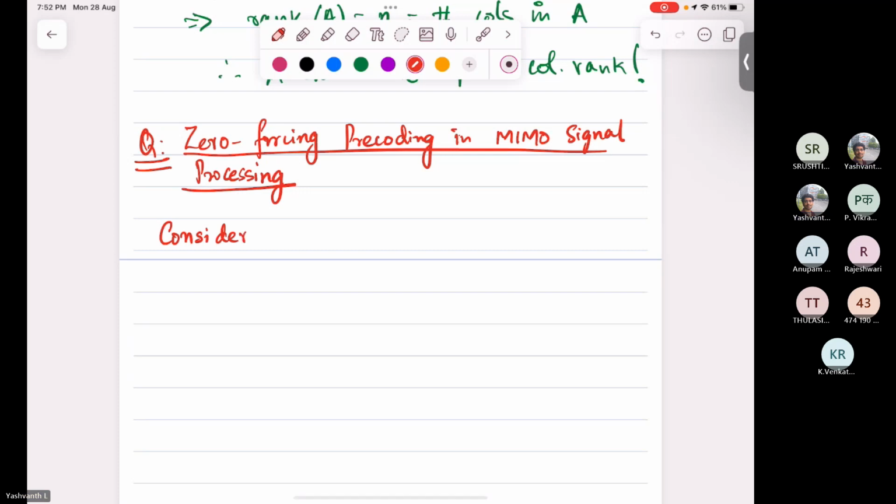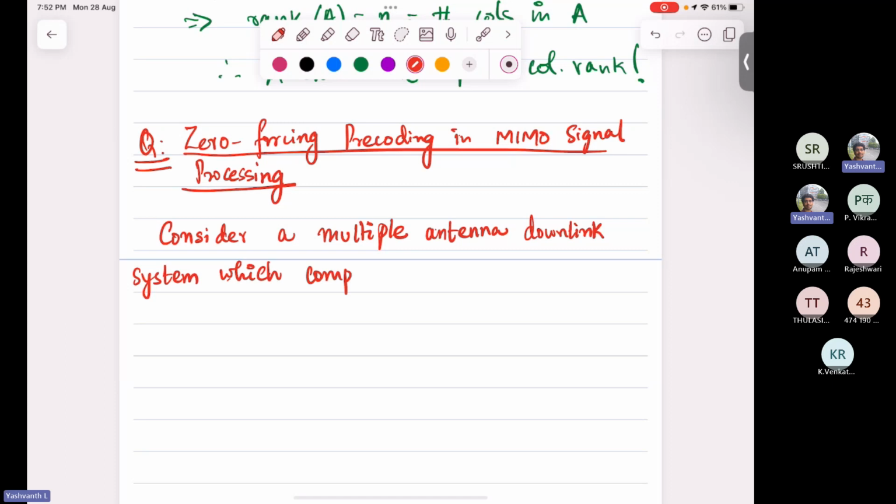Consider a multiple antenna downlink system which comprises of an access point with NT transmit antennas, meaning like the tower, for example.